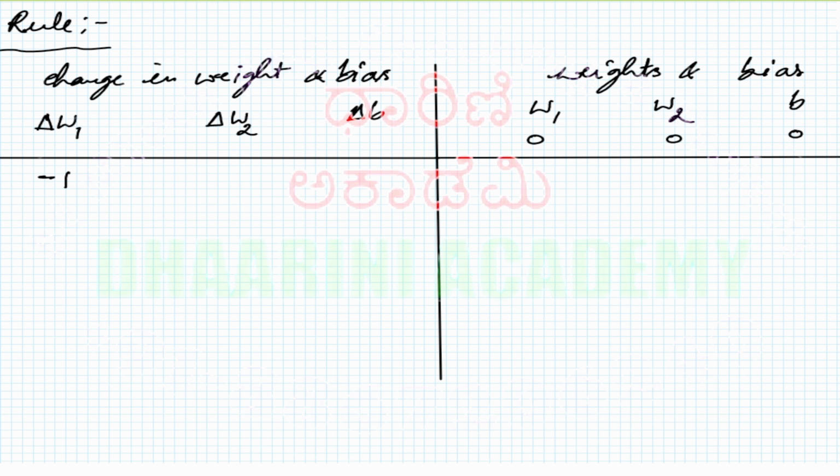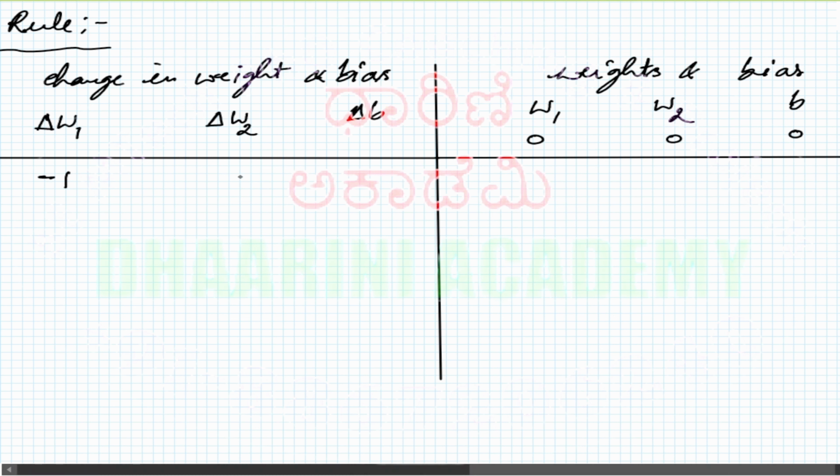Delta W2 is x2 into y. Okay, delta W2 is 1, correct.